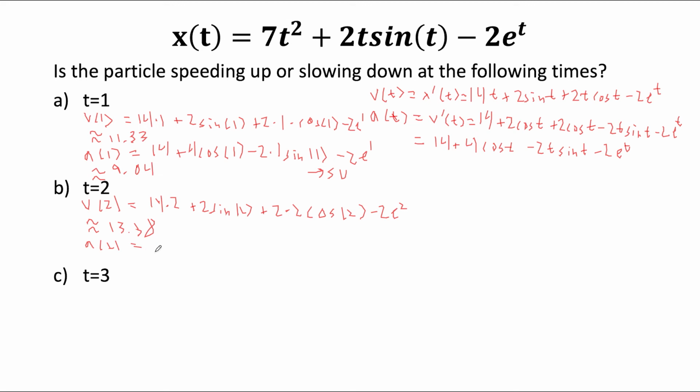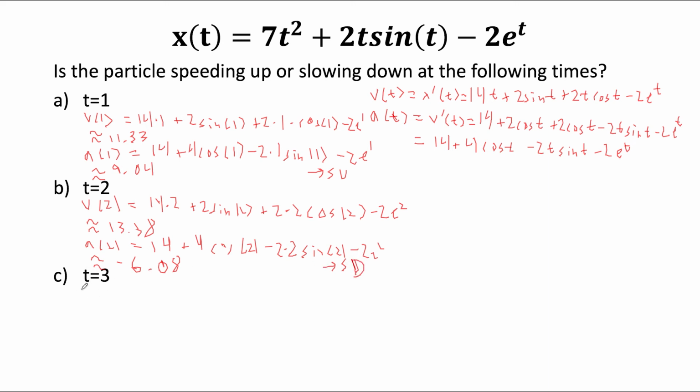This is equal to 14 plus 4 cosine of 2 minus 2 times 2 sine of 2 minus 2e to the 2. And this is about negative 6.08. And because 13.38 and negative 6.08 have different signs, the particle is, in fact, slowing down at time t equals 2.